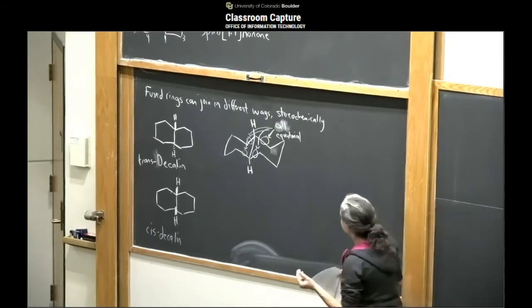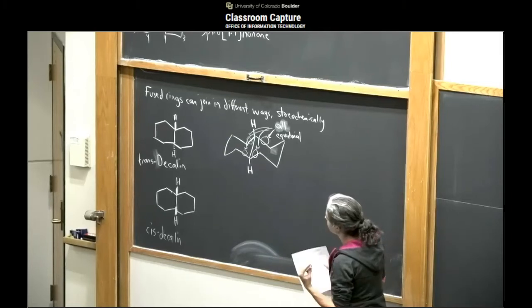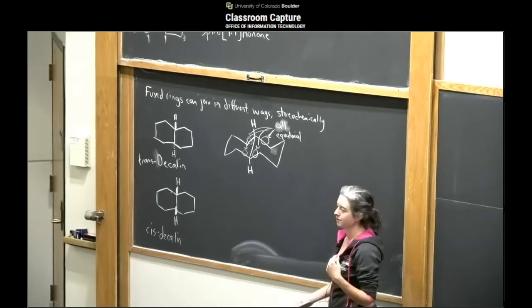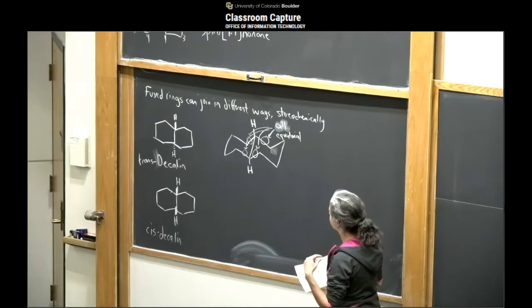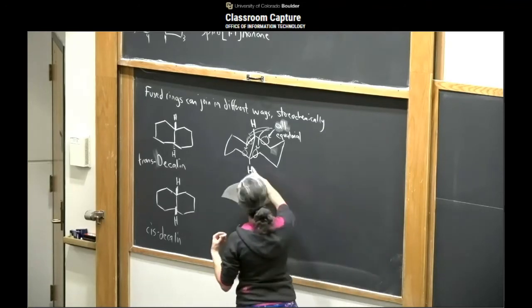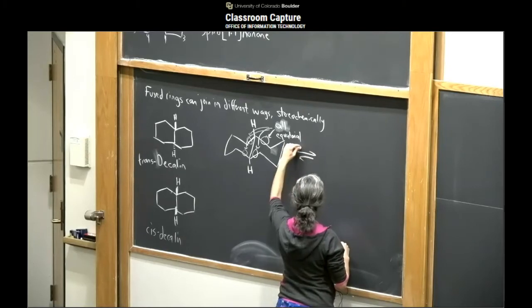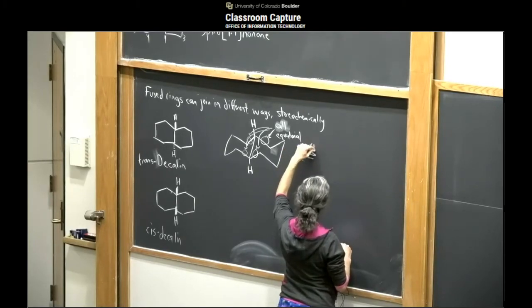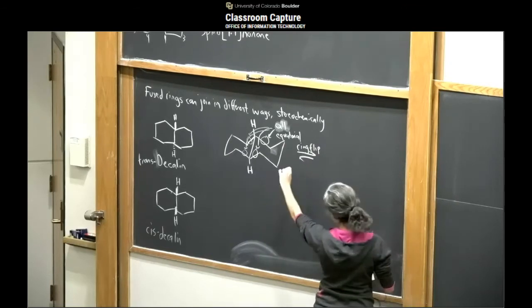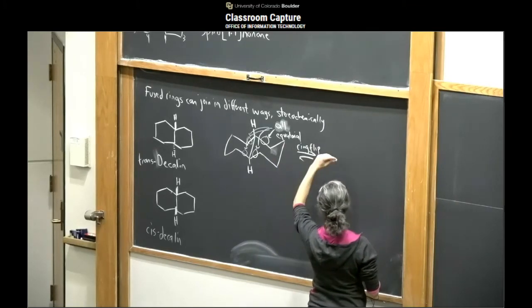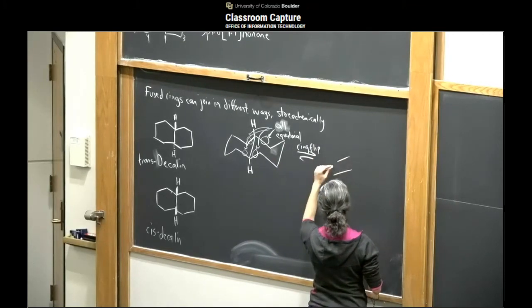Okay, awesome. So then you might be asking, all right, I drew one chair conformation of this. What's the other one going to look like? So let's try ring flipping this guy. Okay, so I'm going to start out, so I drew my first left ring up to the left. Let's do up to the right.